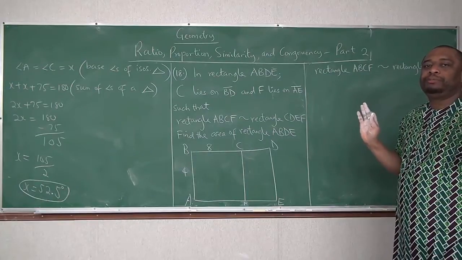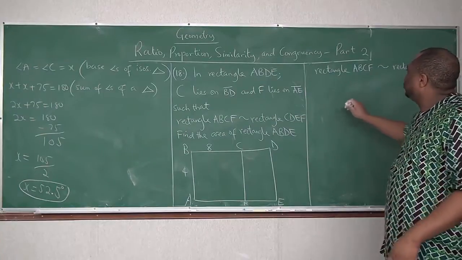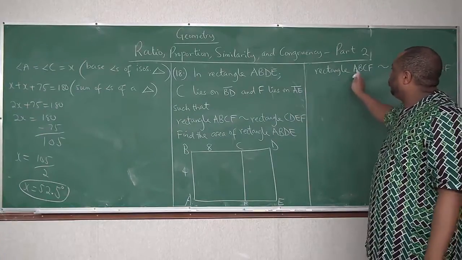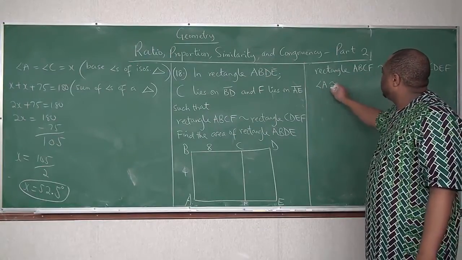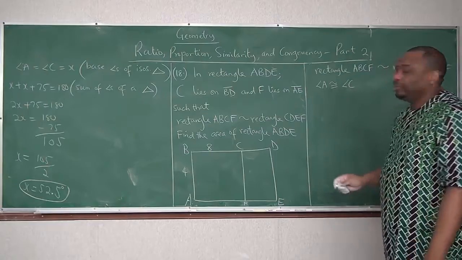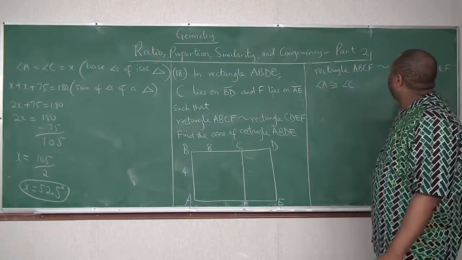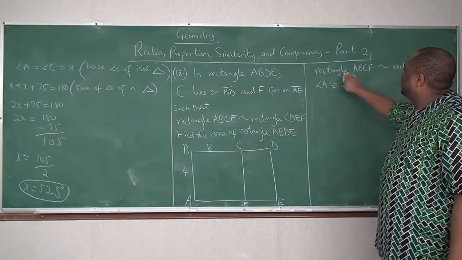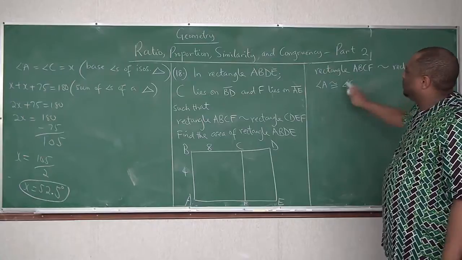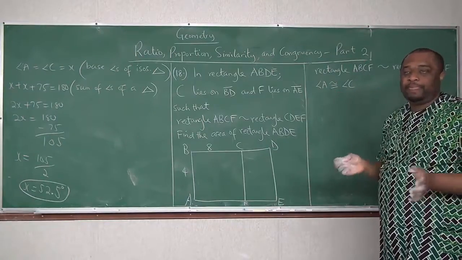That is what you should be interested in. So what this means is that angle A is congruent to angle C. If they say that this is similar to this, this information is enough. Okay?